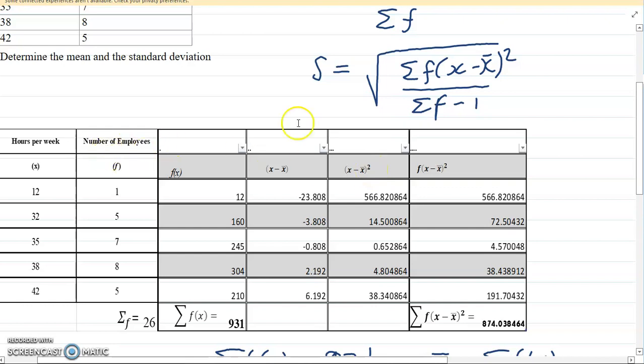From here, we need to find f times x minus x bar squared. So we are going to be multiplying f by x minus x bar squared. So we're just going to multiply f times this.